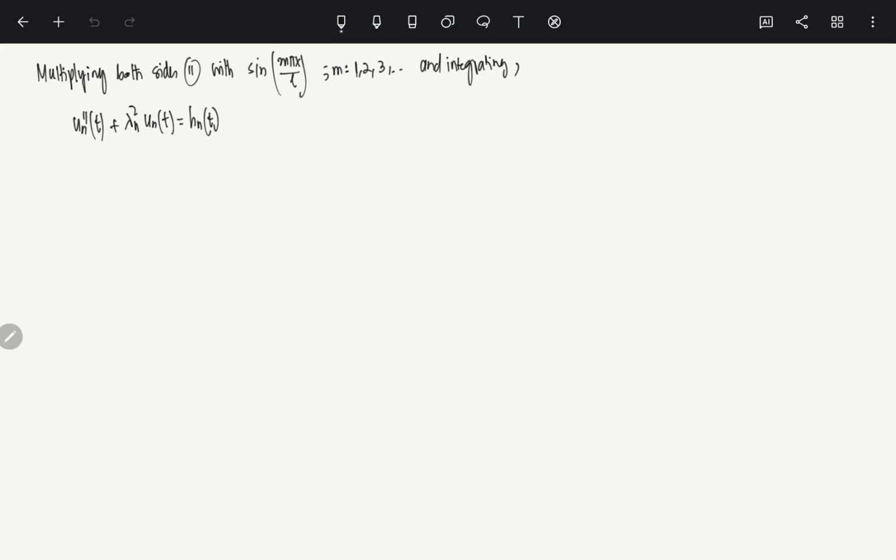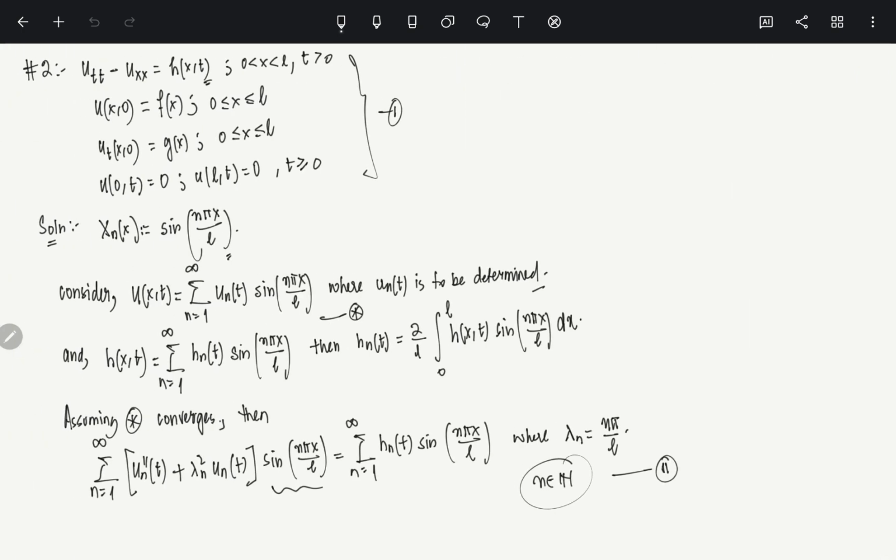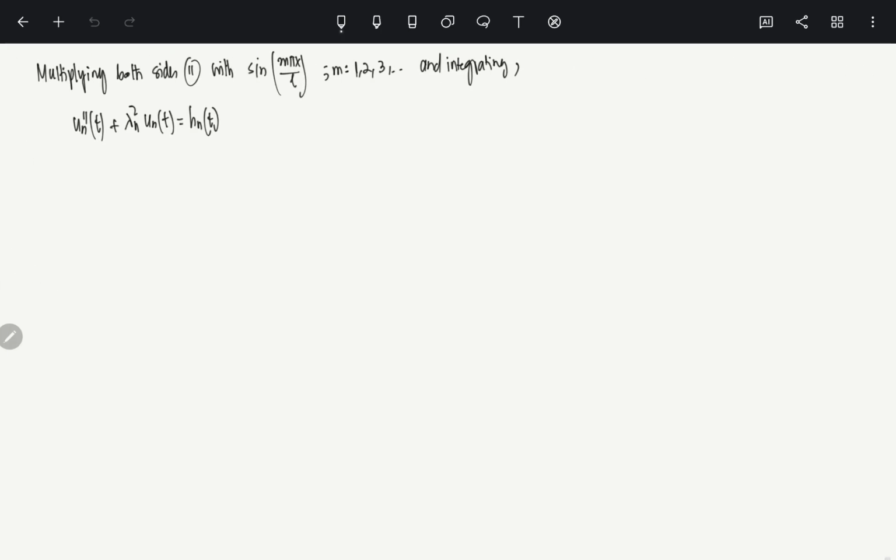And since this series which we assume is uniformly convergent, we can take the integral inside the summation, the infinite sum. Okay, so we have this. Now for this problem, we know the solution: un of t is a constant an times cosine lambda n t plus a constant bn times sine lambda n t.